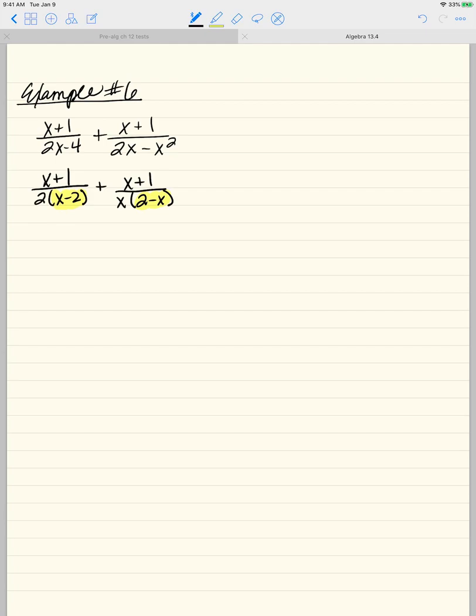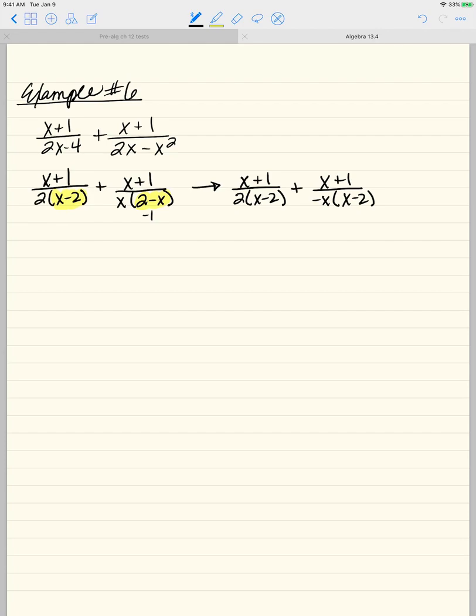So I'm going to factor out negative 1 from my second expression. Okay, when I factor out negative 1 out of here, that's going to give me negative x times x minus 2, okay? This is something that we talked about in yesterday's lesson.